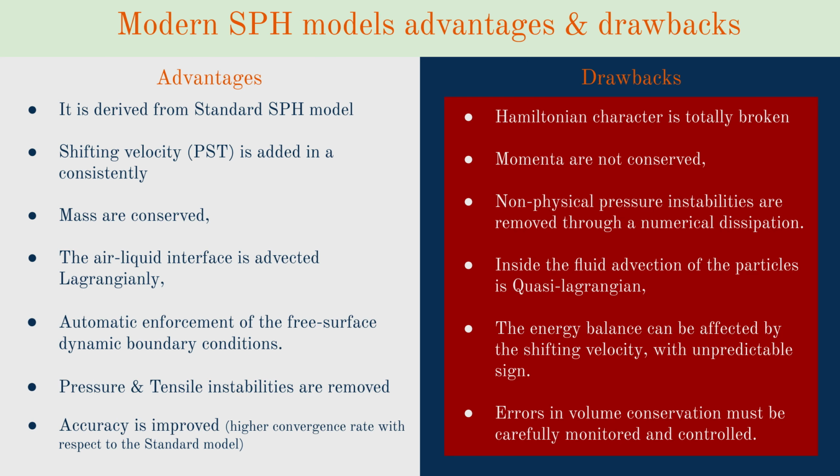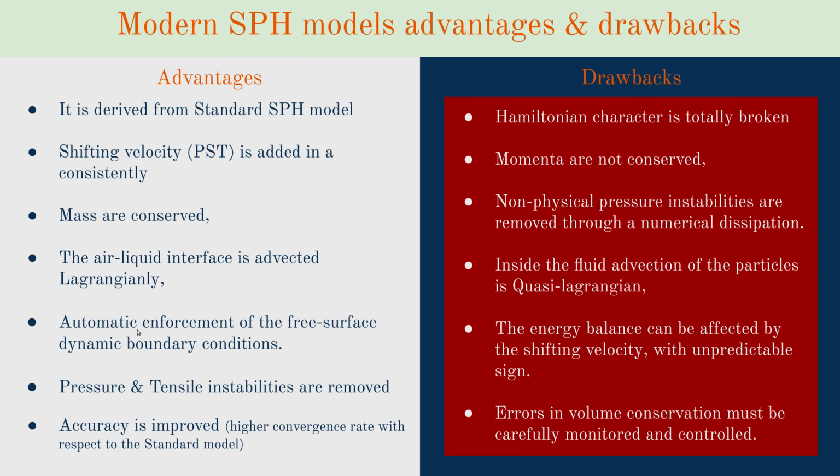In this slide, I summarize the advantages and drawbacks of these modern SPH models. As you can see, mass conservation is the only conservation property that is still strictly preserved. In practice, standard SPH is used only in the free surface region. This allows the automatic enforcement of both free surface boundary conditions.